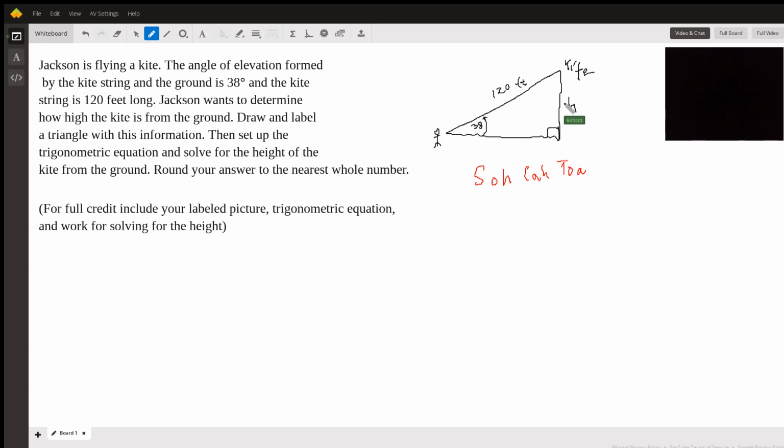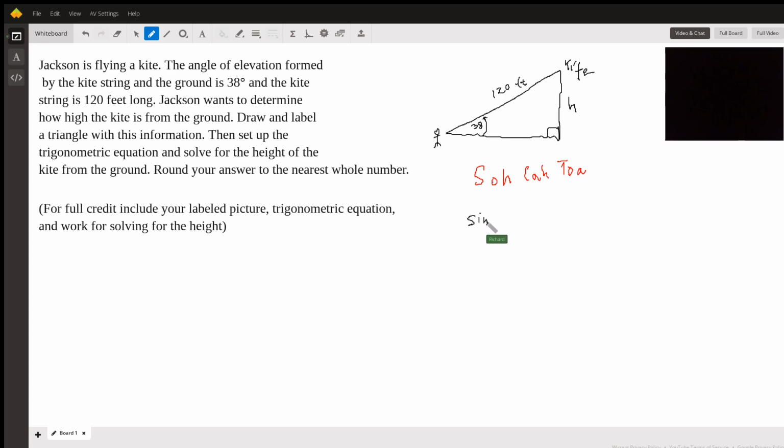Now, this problem involves the opposite side, which is h, and the hypotenuse, which is given. And so we are going to use sine, because it uses the opposite side, which is h, and the hypotenuse. So we'll just set up a little equation.